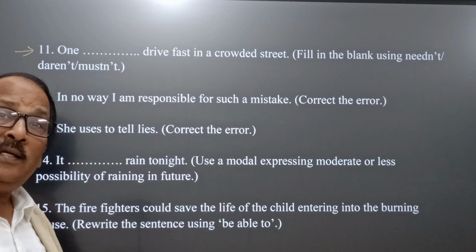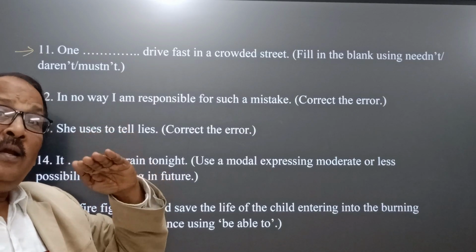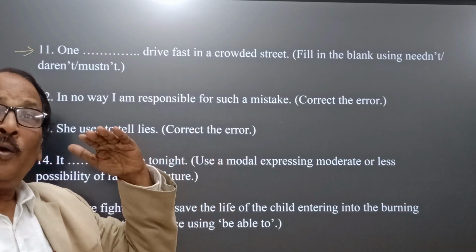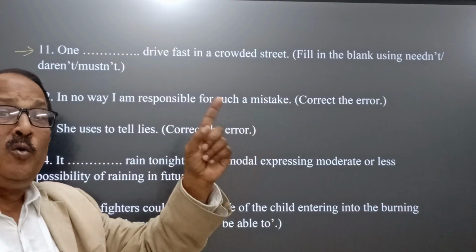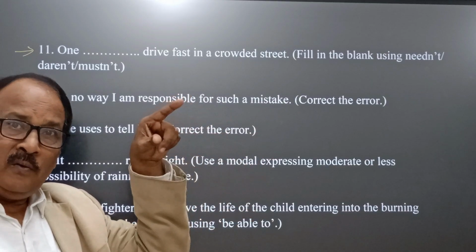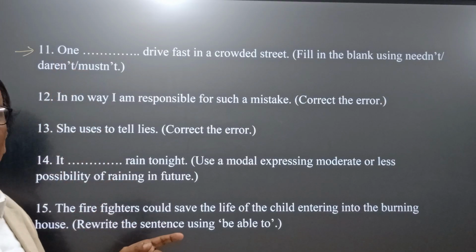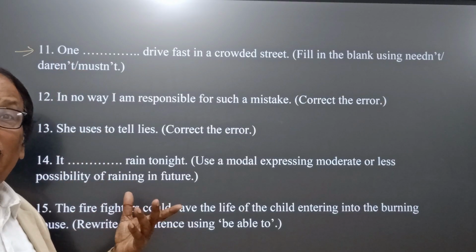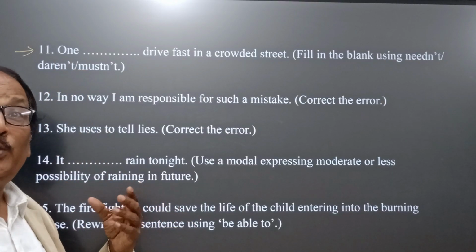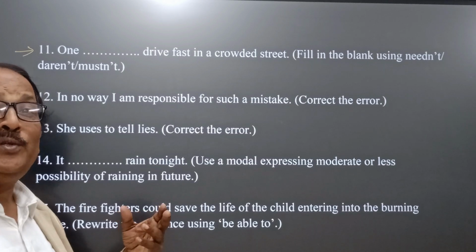But mustn't is used whenever we object or prohibit someone not to do something which is very harmful or dangerous. This sentence indicates the idea about dangerous consequences or result.